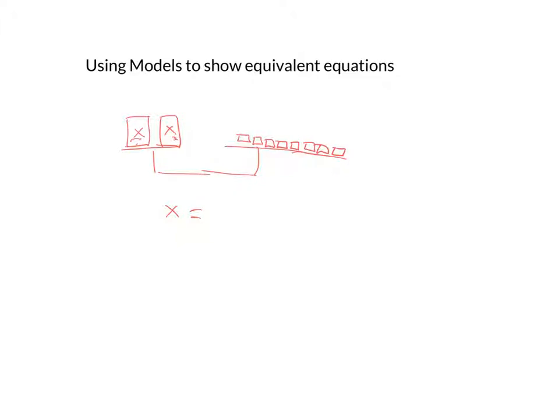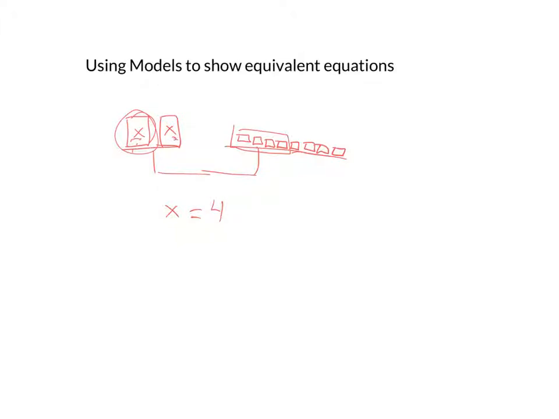So how much does each x count for in terms of blocks? This is pretty straightforward. If we've got 2 x's, one of these x's would be equal to half of the blocks. And you can see x would be the same as 4 blocks.